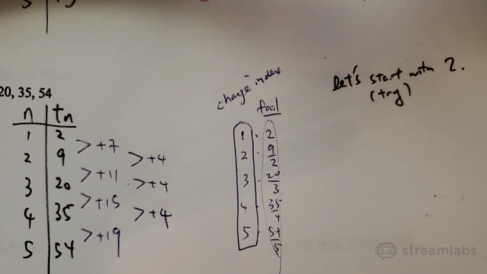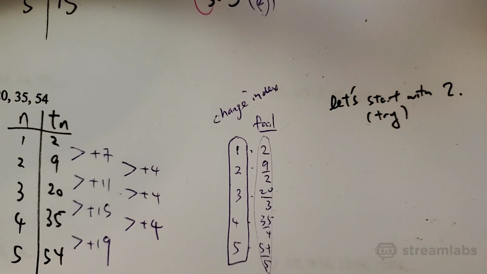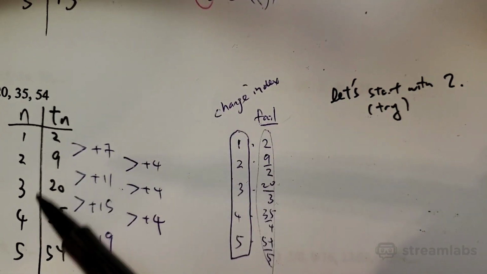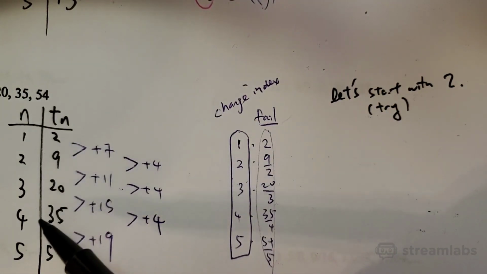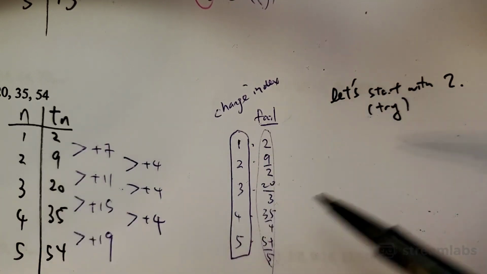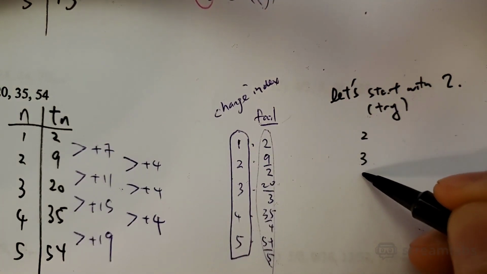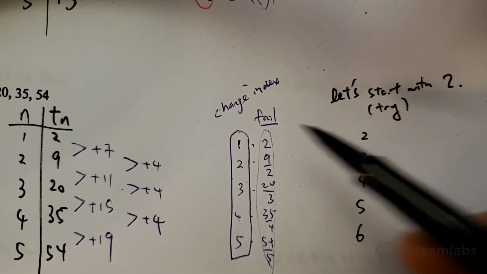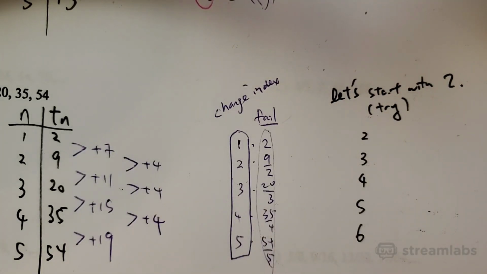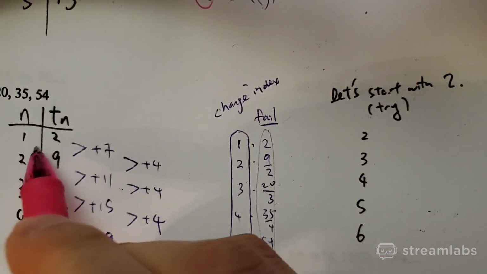So if we try with 2, then all this, 2, 9, 20, 35, so 1, 2, 3, 4, 5 will become 2, 3, 4, 5, 6. So I change that index. If I change that, what then becomes what I multiply by to get these?